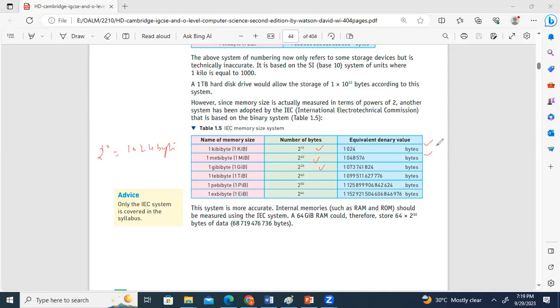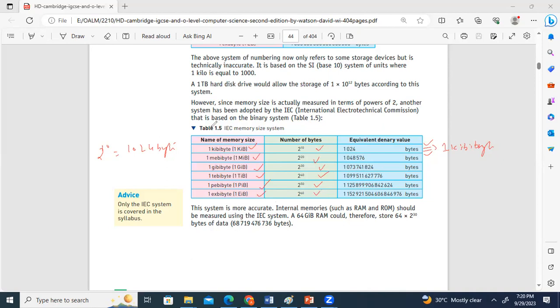We can write this in a summarized way, like 1 KiB. 2 power 20 means this number of bytes, 1 MiB. 2 power 30 is equal to 1 gibibyte, GiB. 2 power 40 is 1 tebibyte, and later on 2 power 50 is 1 pebibyte and 2 power 60 is 1 exbibyte. These divisions you must understand.